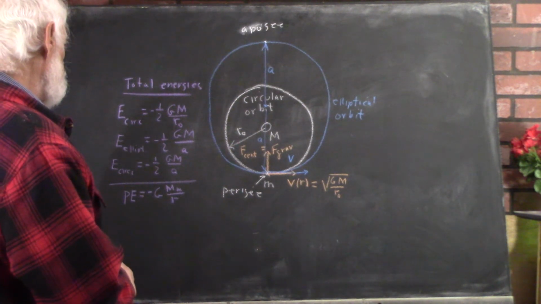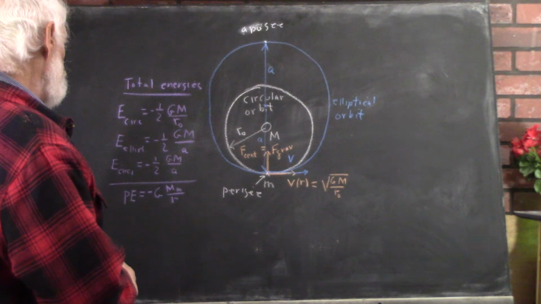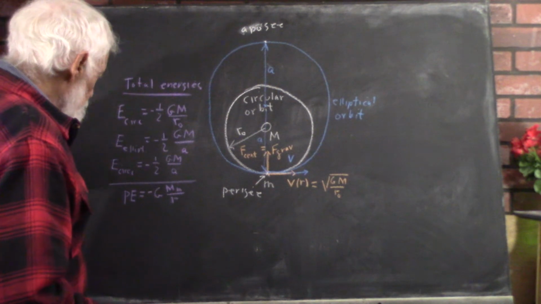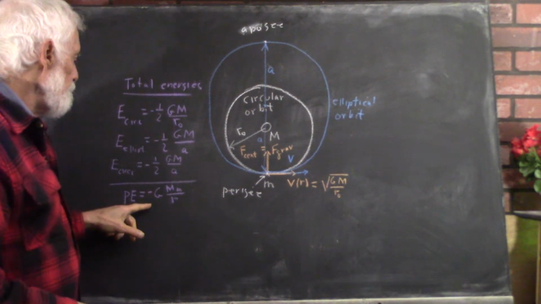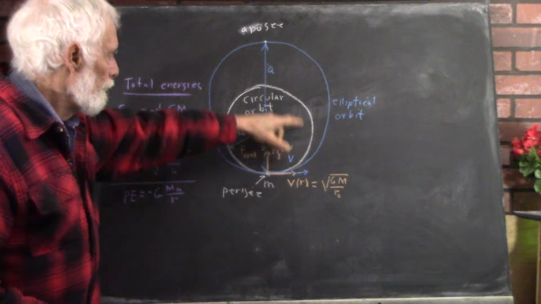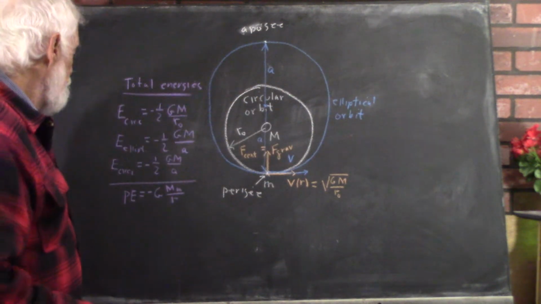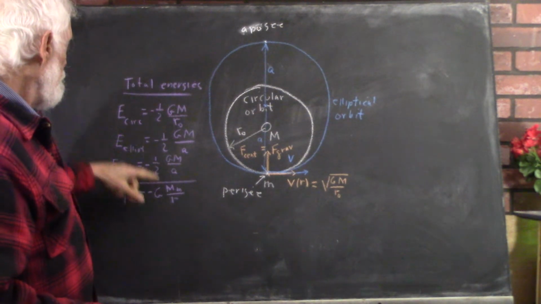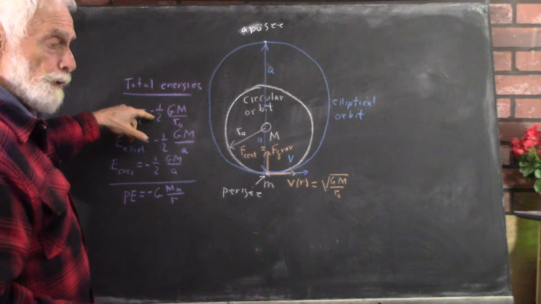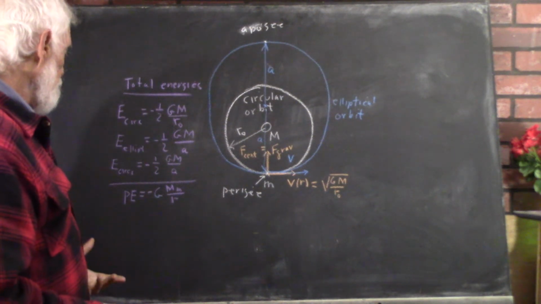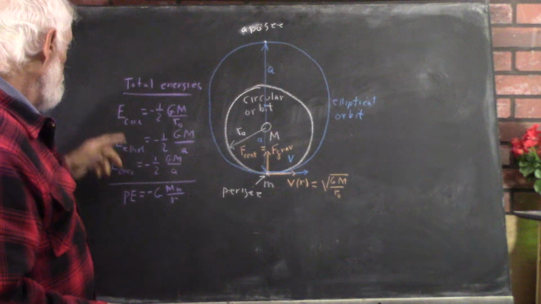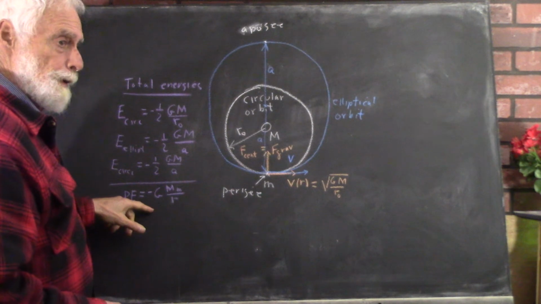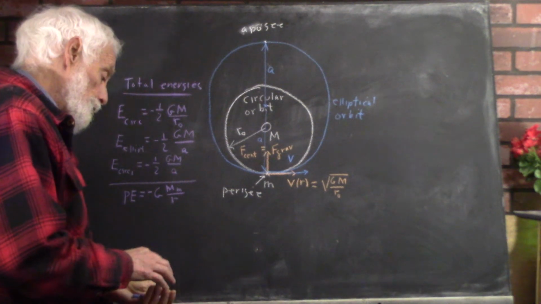In particular then, anywhere on the orbit R0, the potential energy is this, and the total energy is this, so the kinetic energy is going to be, well, the total energy minus the potential energy, by energy conservation.